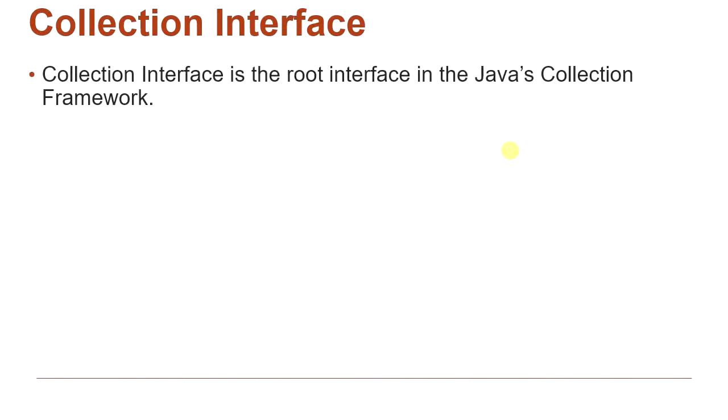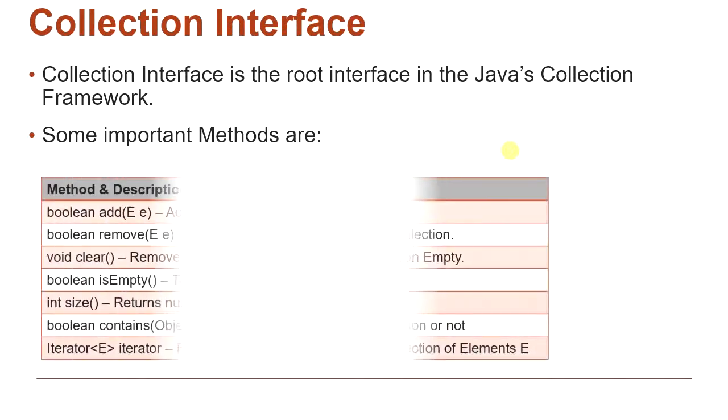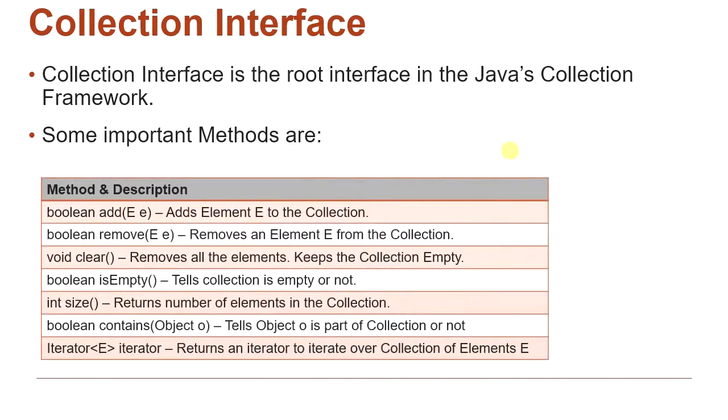Collection interface. Collection interface is the root interface in Java's collection framework. So the collection interface offers some methods. Here we listed important methods. Since it's the base or the root interface, all the collection classes support these methods.